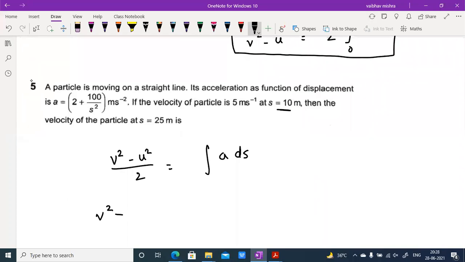V square minus u square, u is 5, divided by 2, is the integration of (2 plus 100 by s square) into ds, and the limit is from 10 to 25.